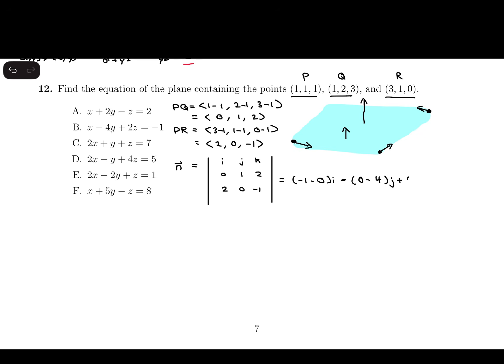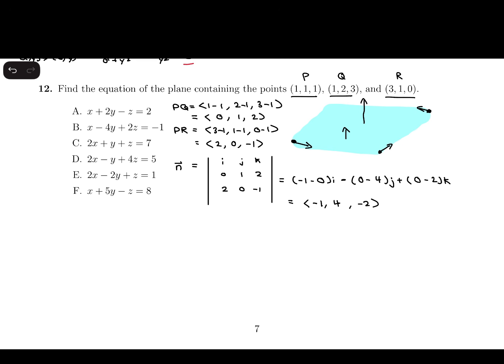Plus now, 0 times 0 is 0, 2 times 1 is 2, so it'll be minus 2 k. So our vector for this will be the vector negative 1, positive 4, because of that subtraction symbol, and negative 2. That is our normal vector.